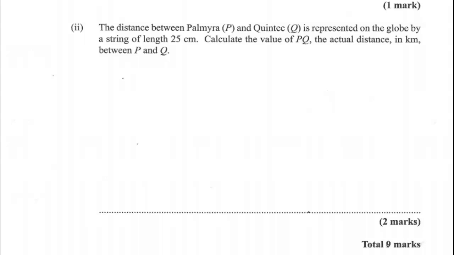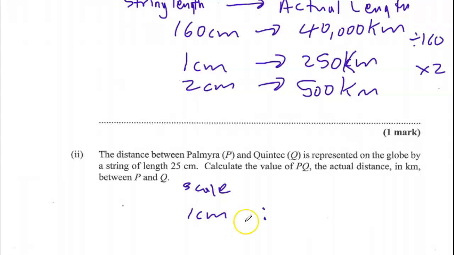The distance between P and Q is represented on the globe by a string of length 25 centimeters. Now remember, let's go back to the scale. We worked out that for a 1 centimeter piece of string, the actual distance was 250 kilometers, based on the information we were given. So this would be the actual scale. We are asked to calculate the value of PQ in actual distance in kilometers.